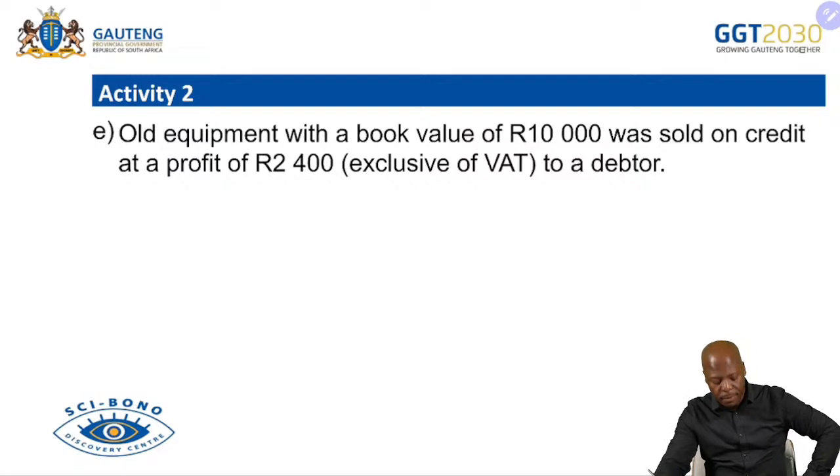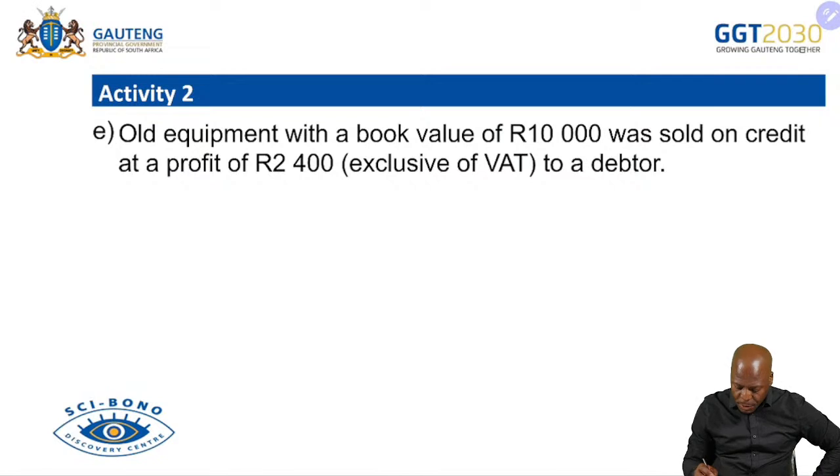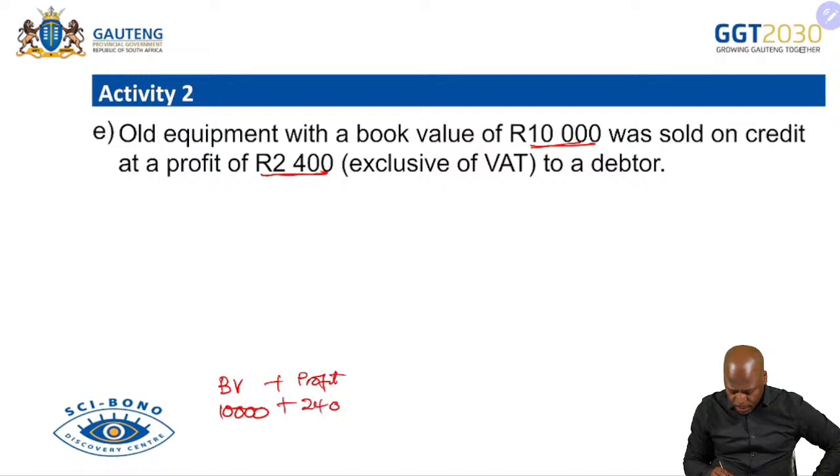And it reads, old equipment with a book value of 10,000 was sold on credit at a profit of 2.4. So if I'm selling it, there's a book value of 10,000. That's the book value. And I've made a profit of 2,400.